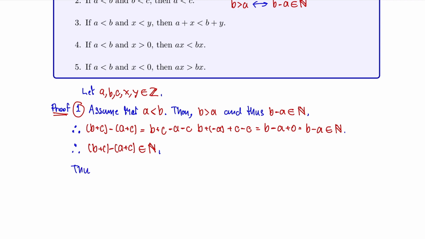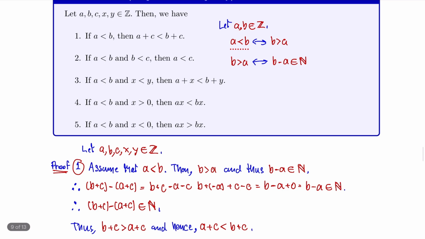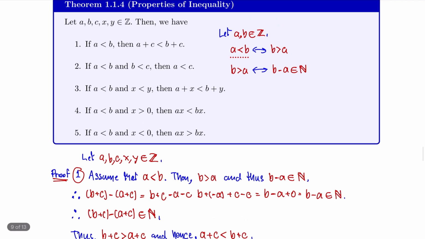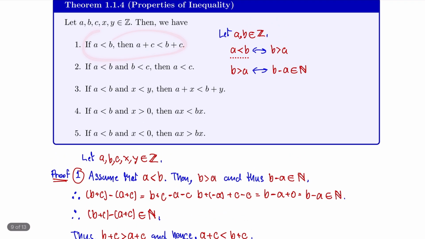This implies that b plus c is greater than a plus c. And hence, a plus c is less than b plus c. That's it. That's the first property of theorem 1.1.4.